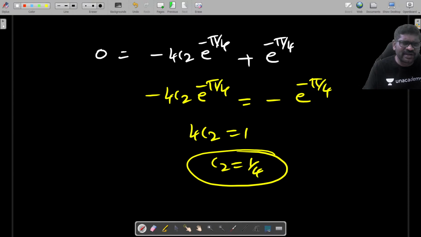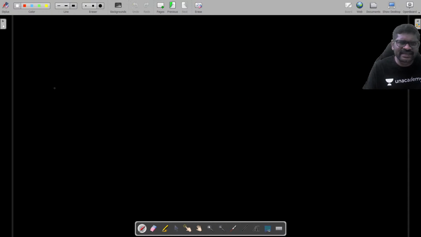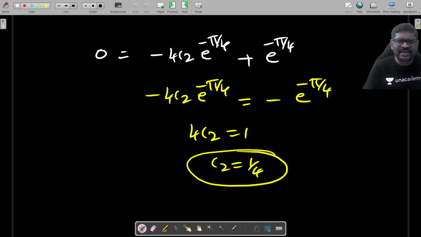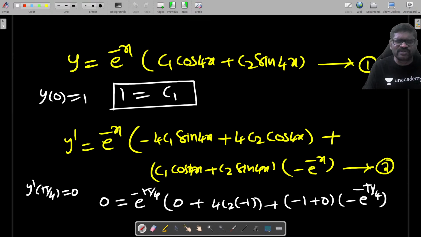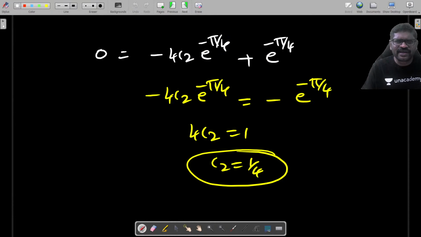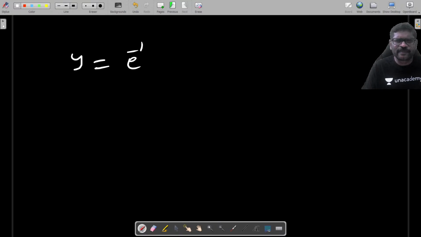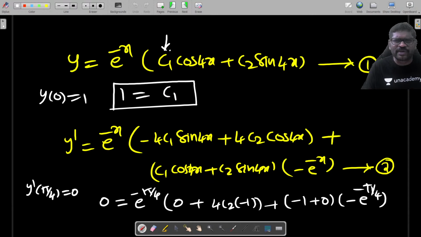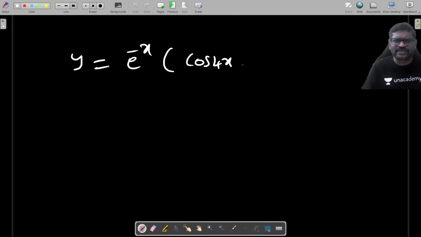Therefore, y is equal to e power minus x of cos 4x plus c2 sin 4x. c1 is 1, so substitute c1 is 1 here. c2 is 1 by 4, so 1 by 4 sin 4x.